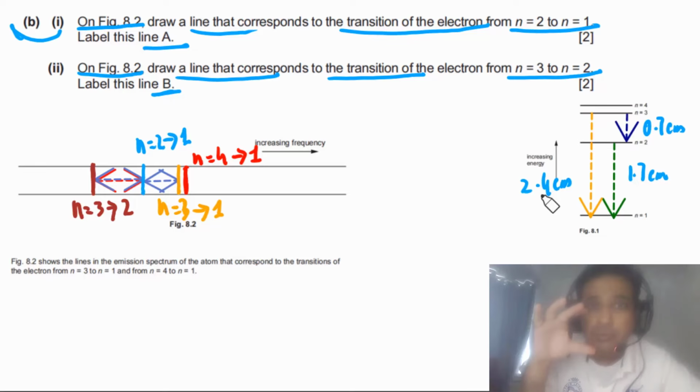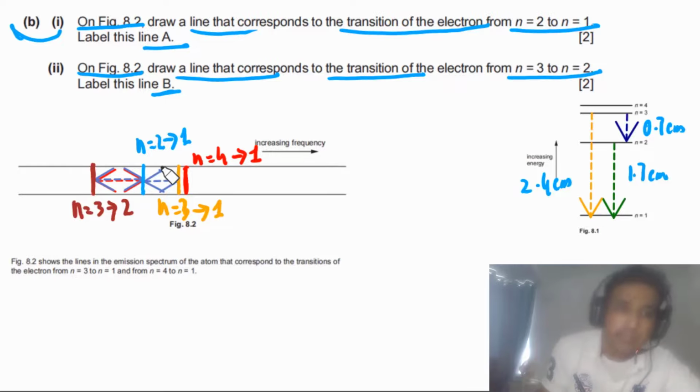When you use a meter rule, maybe you will not get these values of the gap. Your values will be different because I'm using this paper, and this paper has a different scale from the original exam, but the ratio will be the same. This gap will be smaller as compared with this gap.